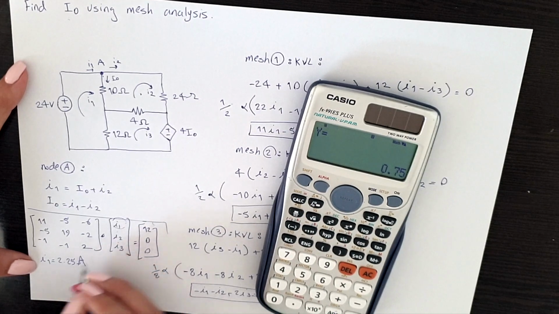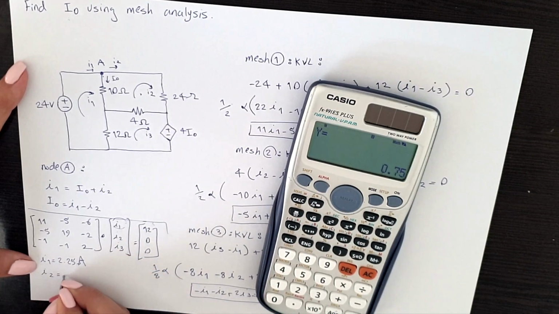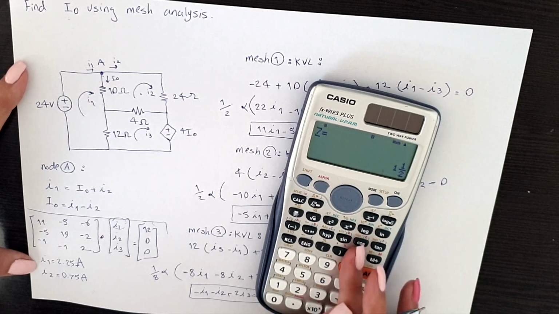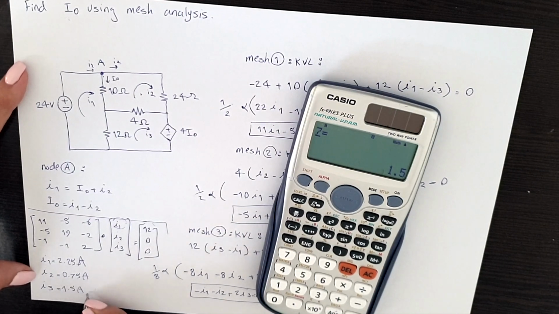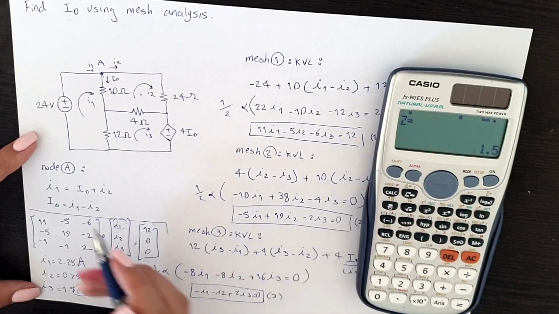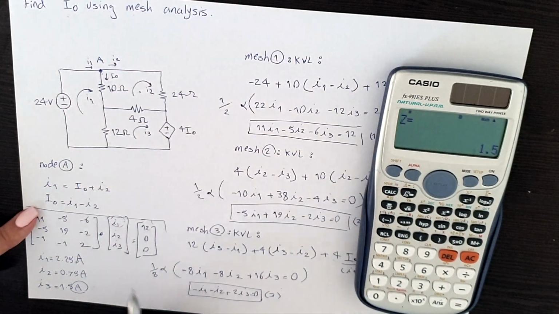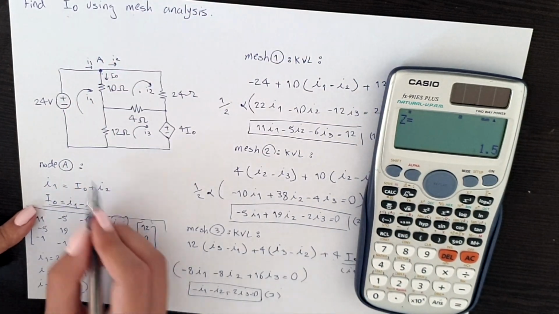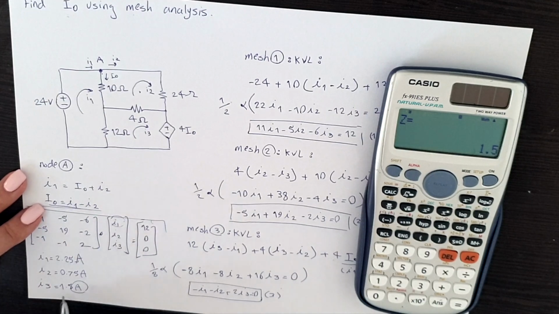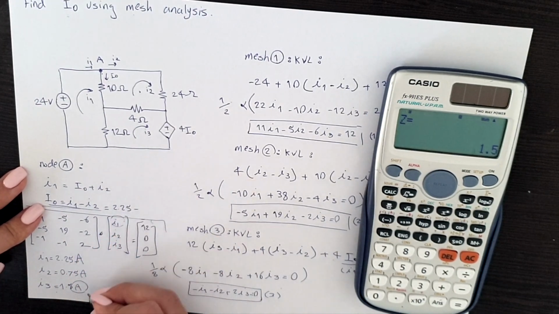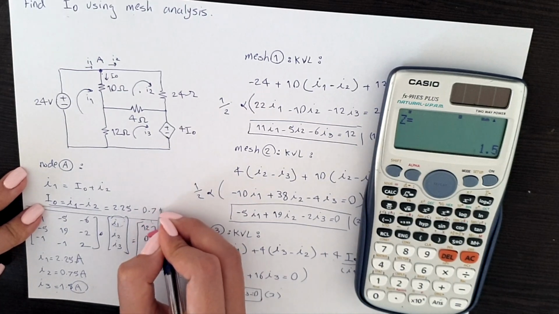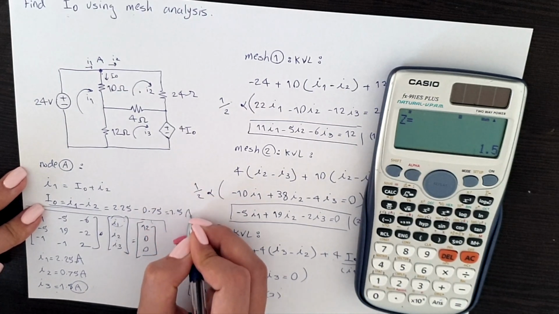Y is our second variable, which is I2, 0.75 ampere, and Z is our third current, I3, 1.5 ampere. So in the question we want I0, and we know I0, we wrote from our node analysis, is I1, which is 2.25, minus I2, which is 0.75, which is 1.5 ampere. So this is our answer.